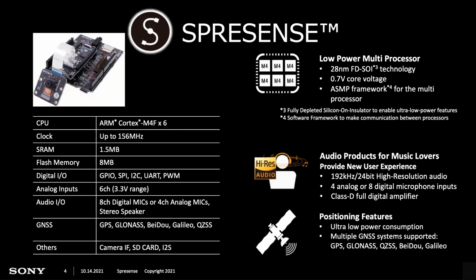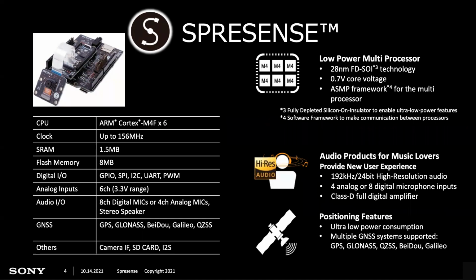So let's look at the highlights first. The main thing that Spresense is good at is that it is very power efficient. So it's low power. You can target applications where you put your device somewhere in the middle of nowhere and you don't have access to power.